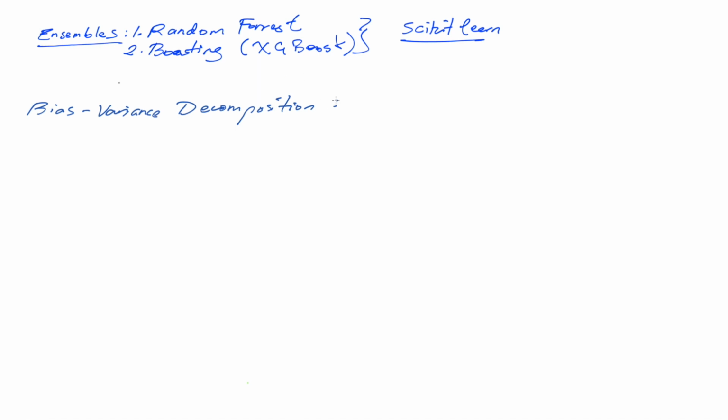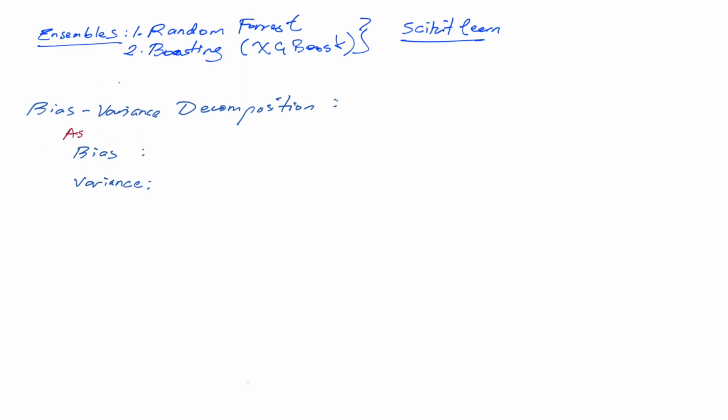Before I do that, I just want to explain what bias is and what variance is. Remember from a few weeks back, we talked about bias. Let me write it here.